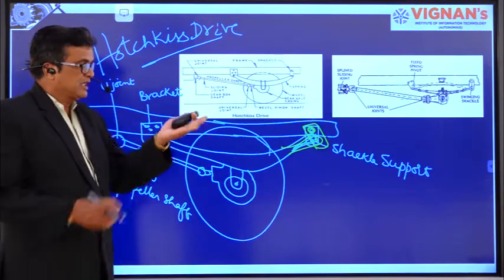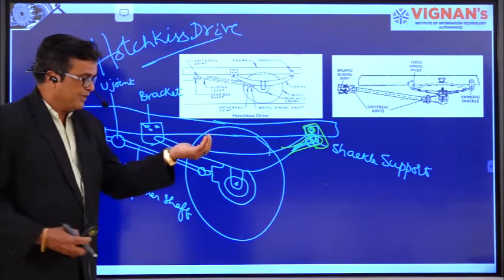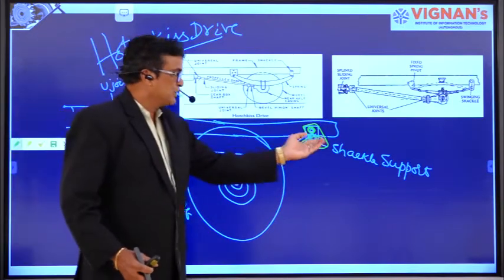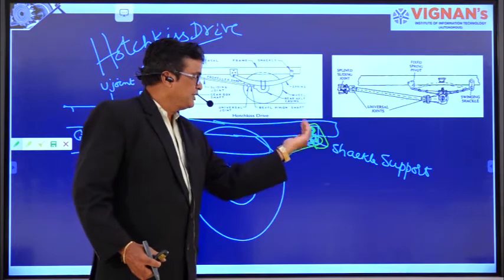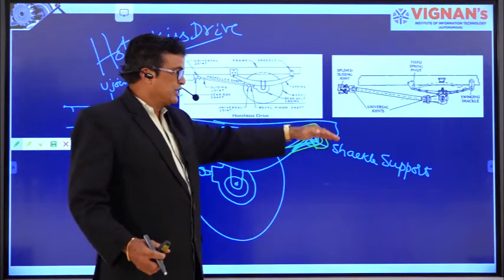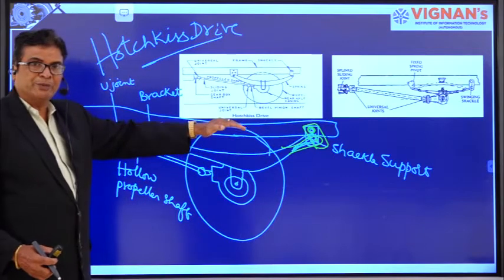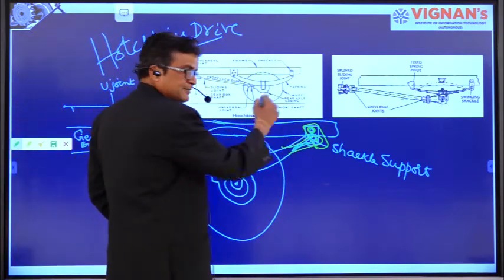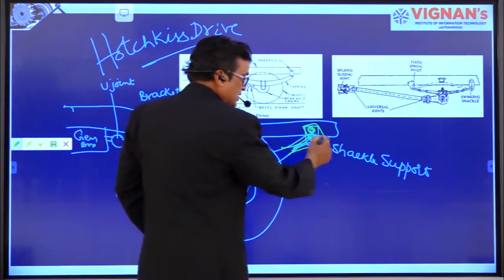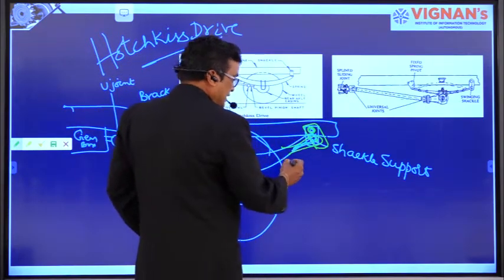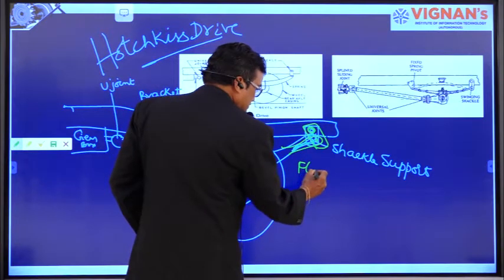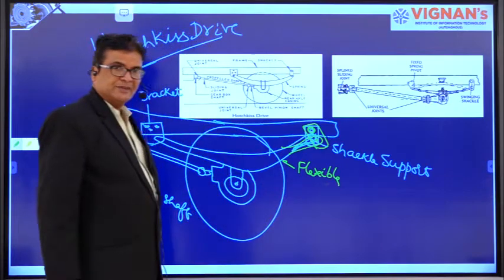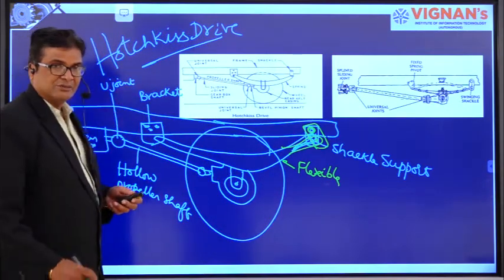Initially it is like this. When it is bumped, this expansion is thrown towards the shackle, so the shackle will be moved from the straight position to that position. When the bump is overcome, it comes to its original position. Likewise, the shackle will move up and down, thereby giving a flexible support to the leaf spring. That is provided in the Hotchkiss drive.